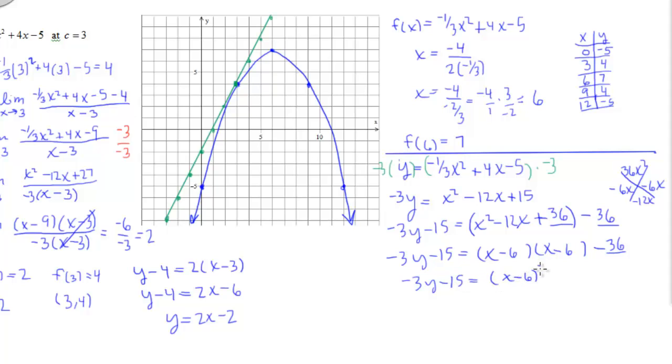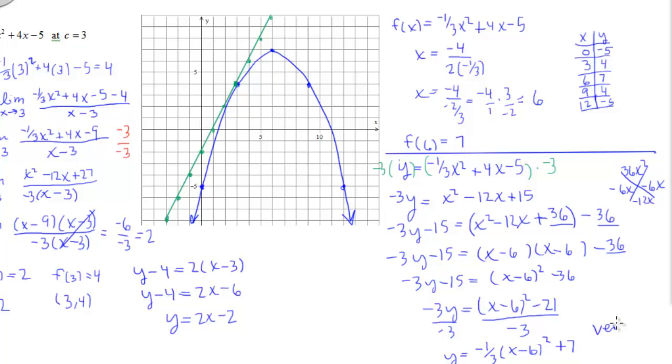So it's x minus 6 squared minus 36, and then -3y is x minus 6 squared, -36 plus 15 is -21, and then we need to divide both sides by -3, and we get y equals -1/3 times the quantity x minus 6 squared plus 7.